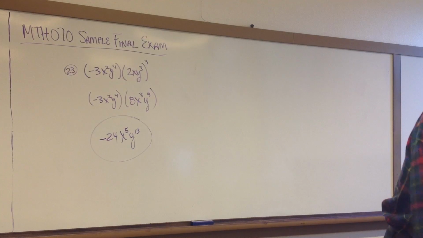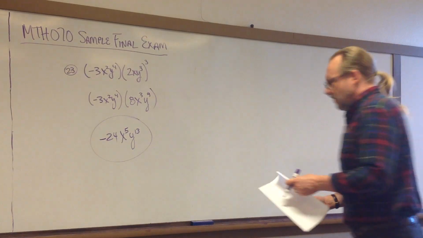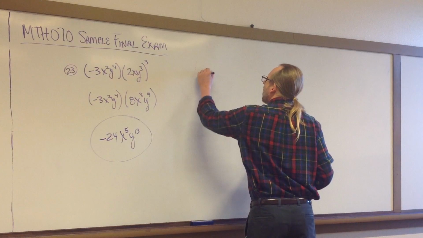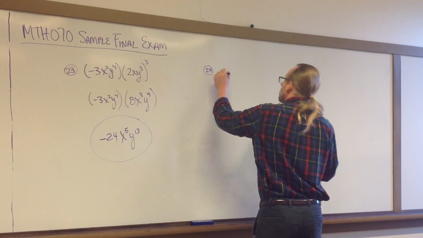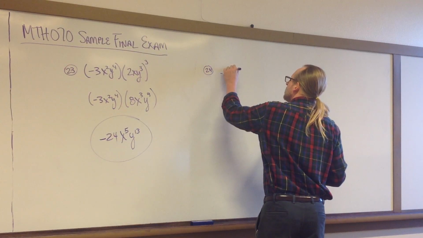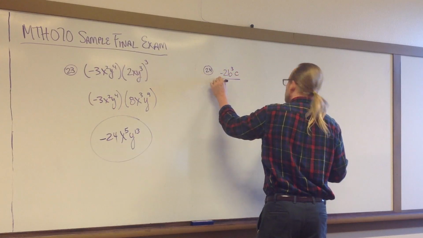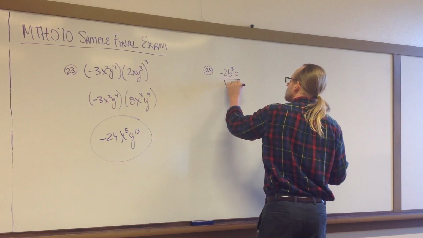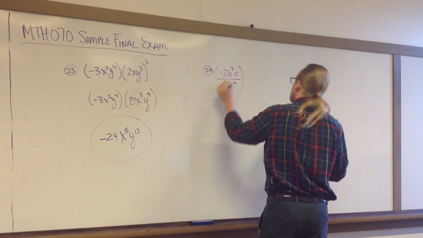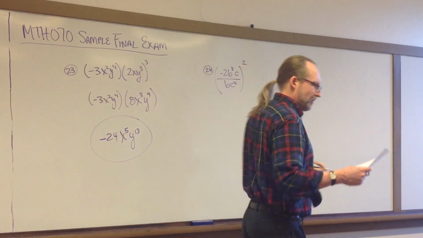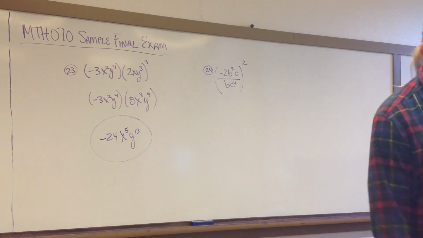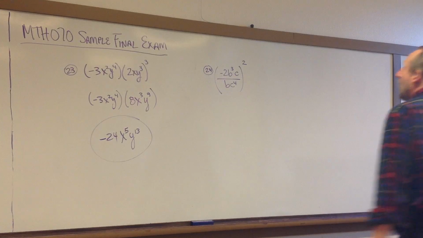All right, problem 24. Negative 2b to the third c over bc to the fourth, and then that whole thing is supposed to get squared. So, let's see here.